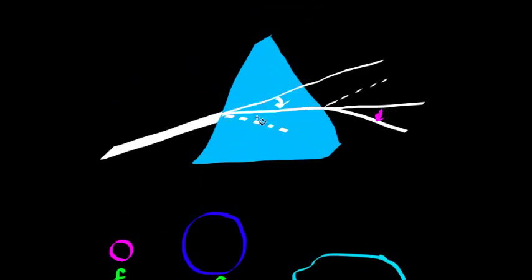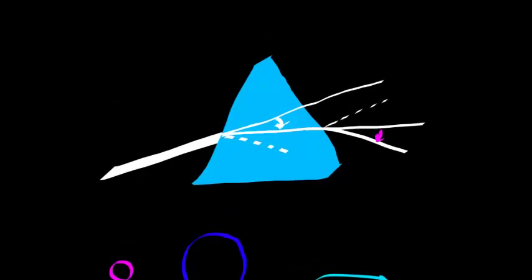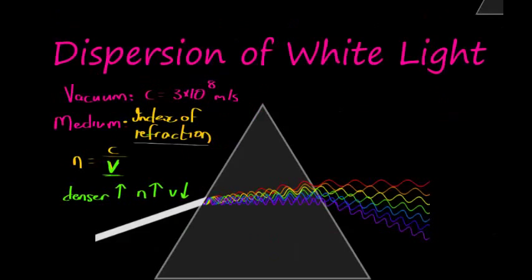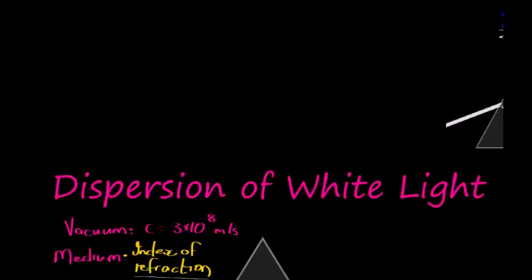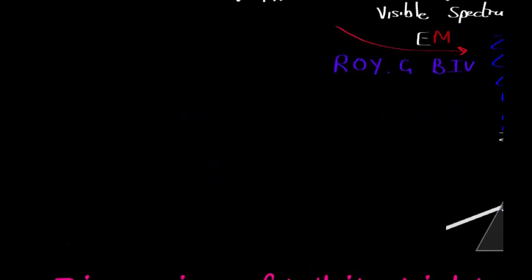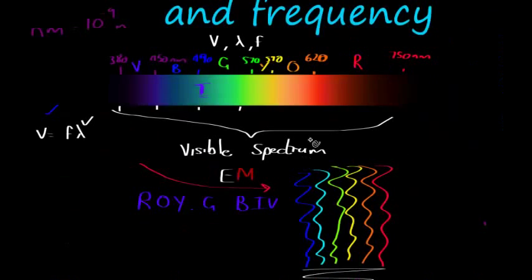So if I look at this, which has the higher frequency of light? Well, let's go and have a look. Okay, the longer the wavelength, the shorter the frequency. We see that from here.